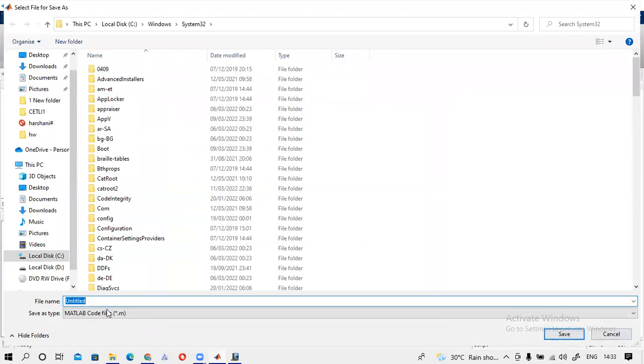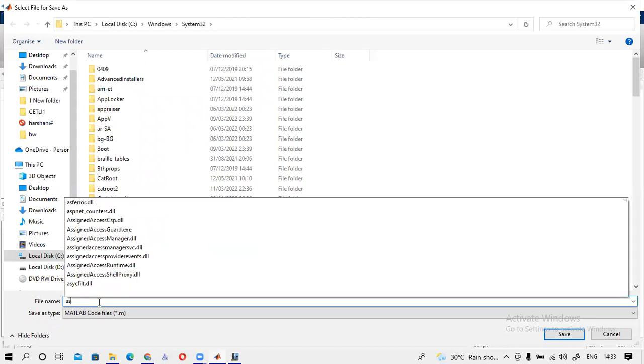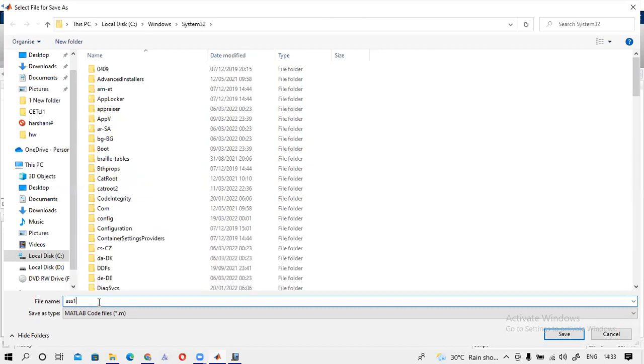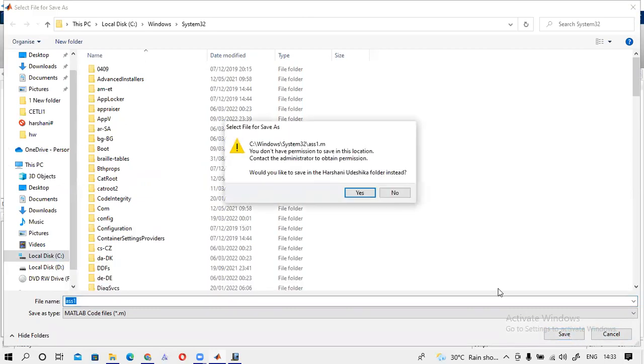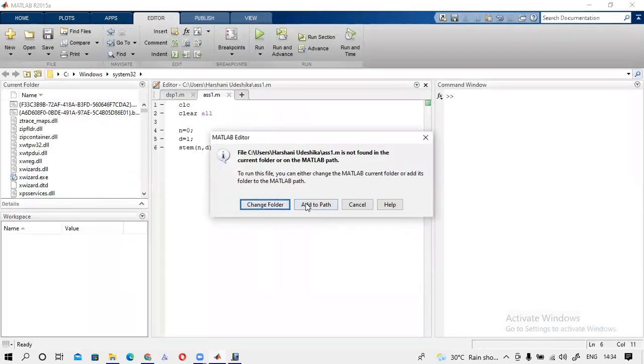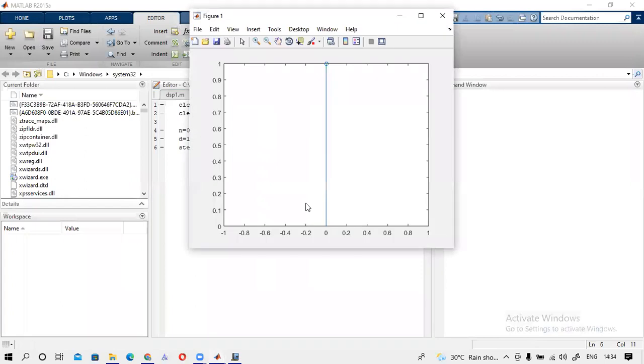So I will save this as assignment 1. So you can see one impulse is there, no? So this is a unit impulse for the discrete time version.